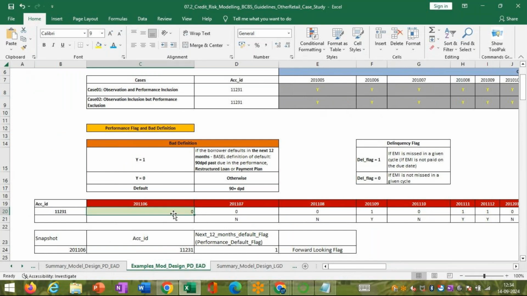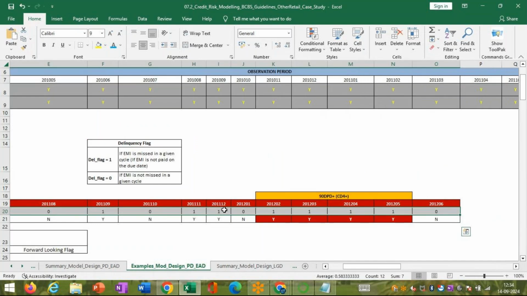The concept of ever default is this: from 2011-07 to 2012-06, in these next 12 months, is the account defaulting?